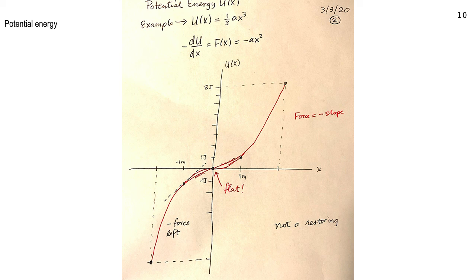So this one, it's equal to 0 at the origin. Let's just graph up the positive part. Okay. We've got a fourth degree polynomial.